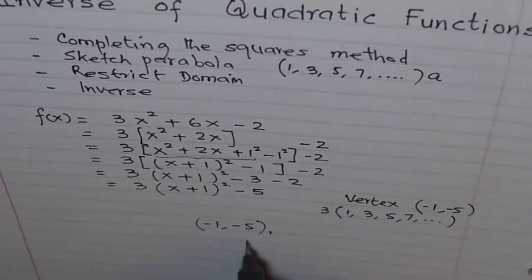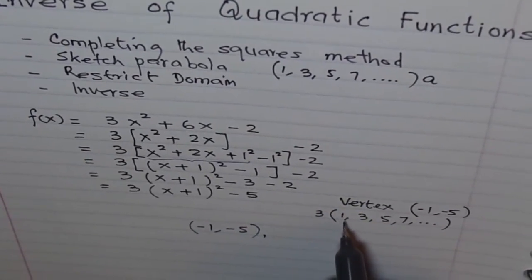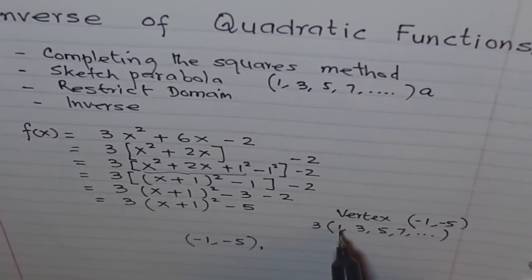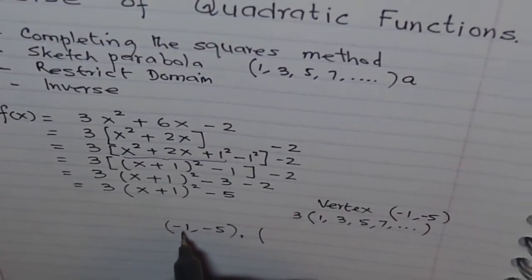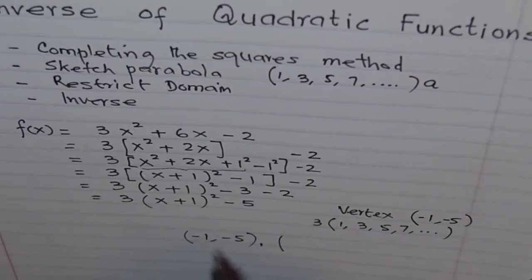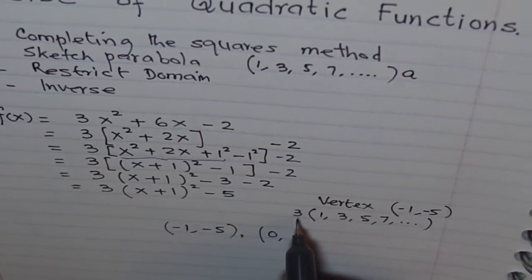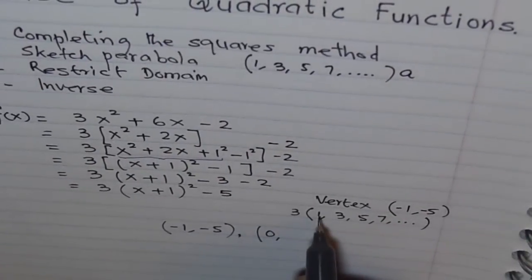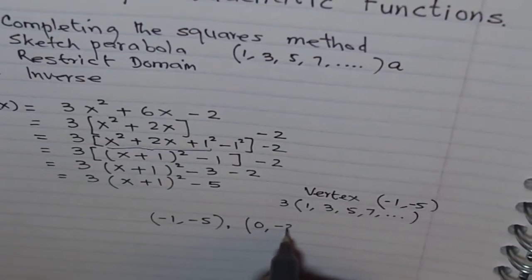Now, as I move 1 unit to the right, my next point will move up by 3 times 1, 3 units. So if you move right, then the value of x will be increased by 1. Minus 1 plus 1 is 0. And the value of y is increased by 3 times 1, 3. So minus 5 plus 3 gives us minus 2.